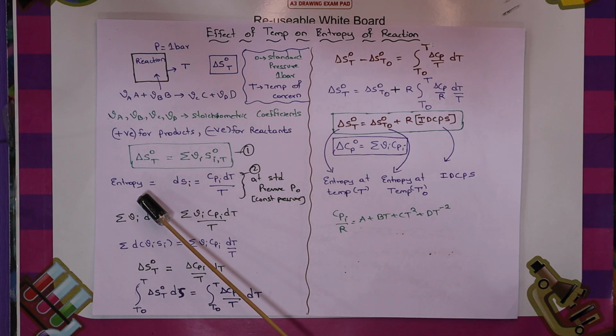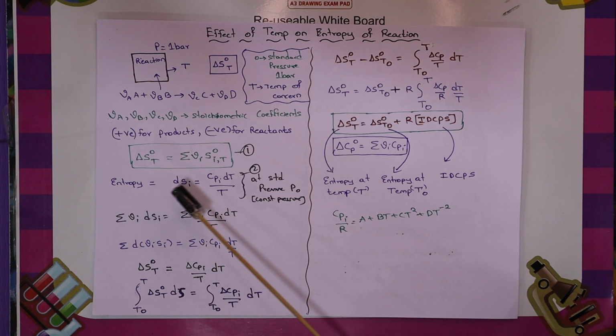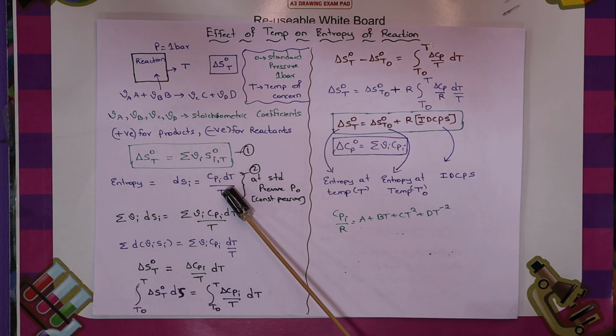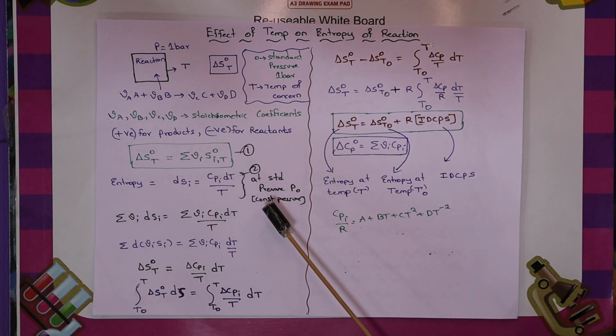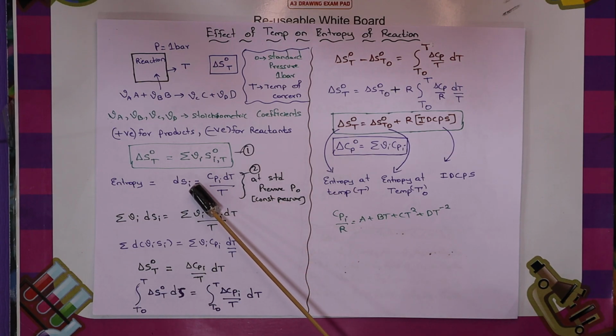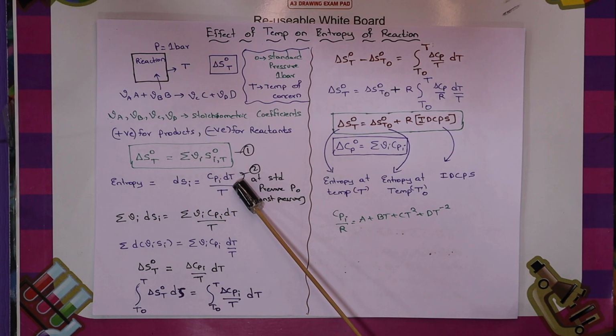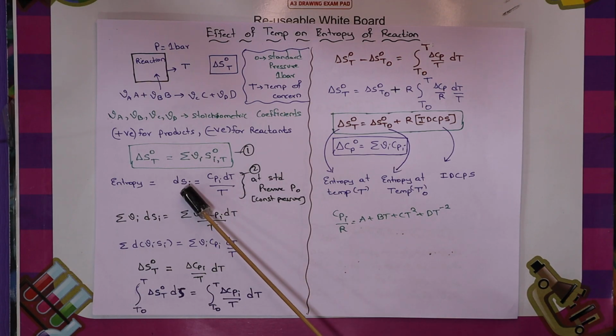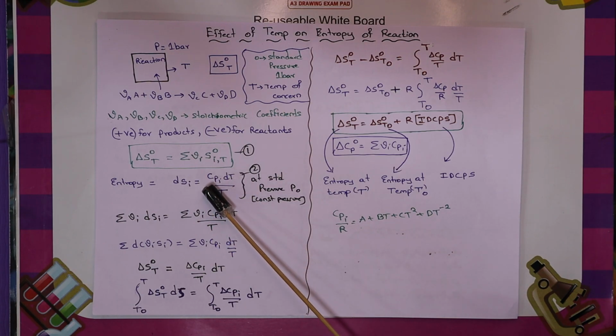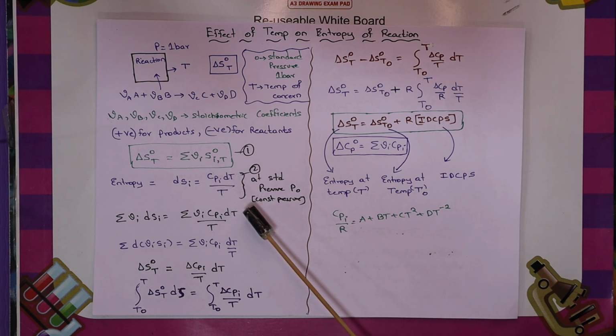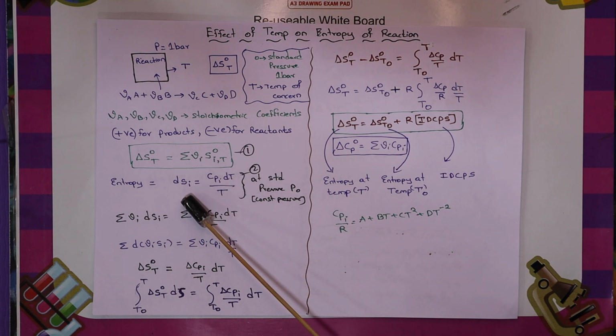And if you refer to the standard formula for the entropy, dS is equal to Cp i into dT by T. That means the change in entropy is nothing but the heat transferred divided by the temperature at which this heat is transferred. So don't worry, it is the standard formula dS equal to dq by T, where dq is equal to Cp dT. So this is the way we are going to use it.